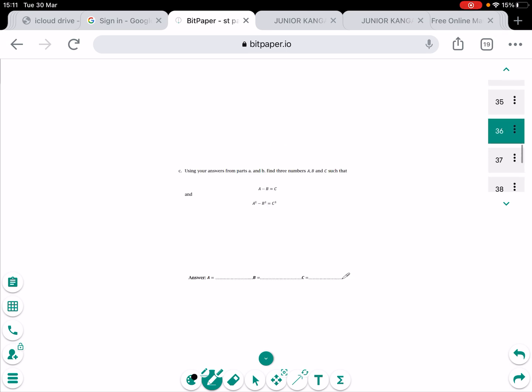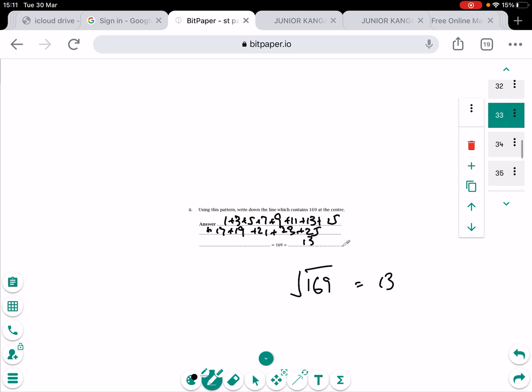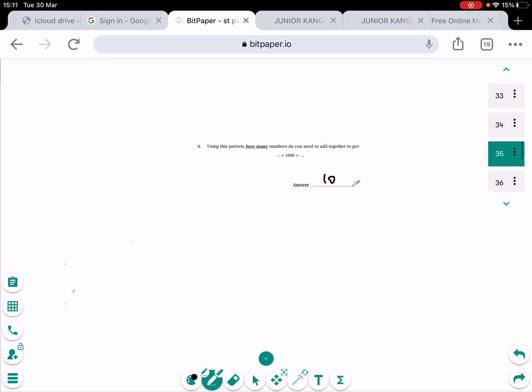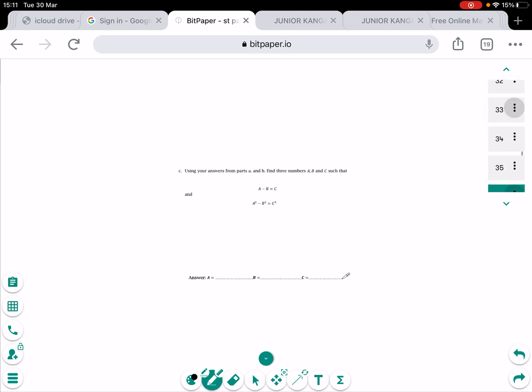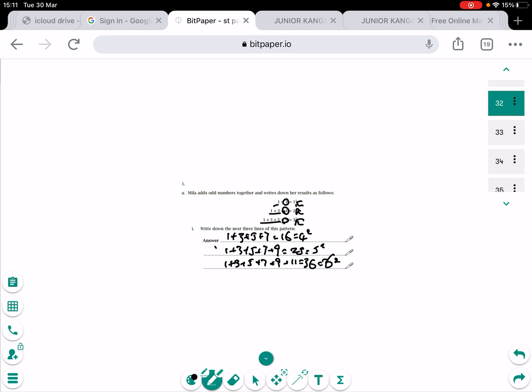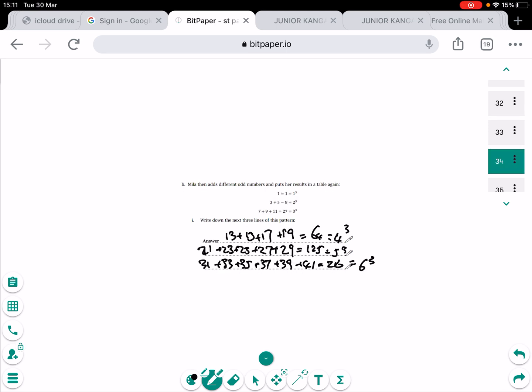Now for this question we need to look at the previous pages. So A minus B equals C. Let's look back. That's our first one. From this one we can see all of these numbers, and from this one we can see that.